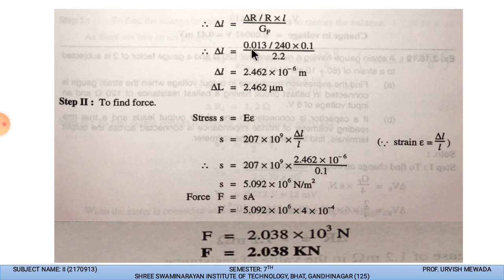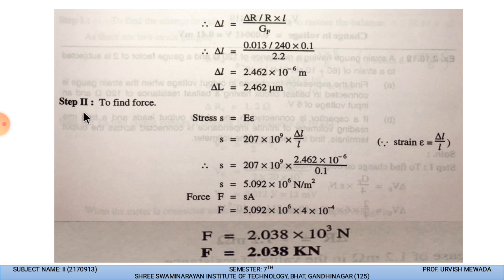We have the value of delta R, 0.013, and the original resistance is 240 ohm, into L, the point at which we place our strain gauge on the surface of the object. After putting these values, delta L is 2.462 micrometer. This is the change in the length when we apply the stress on the object.